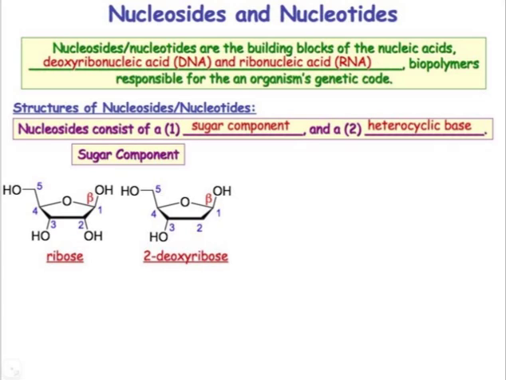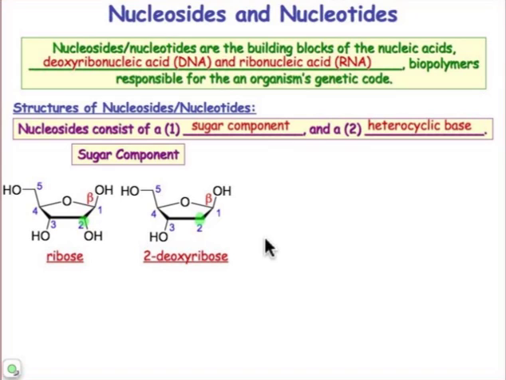The 2' hydroxyl group is absent, and that position is replaced with simply a CH2 group as opposed to a CHOH group. We're going to learn by the end of this section how that small change makes a huge difference in the stability of these two different polymer chains.